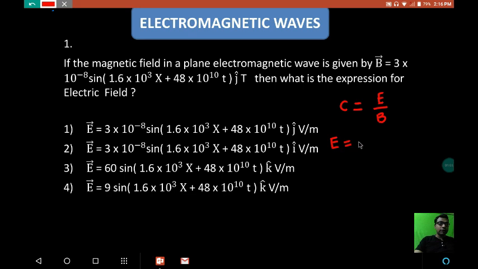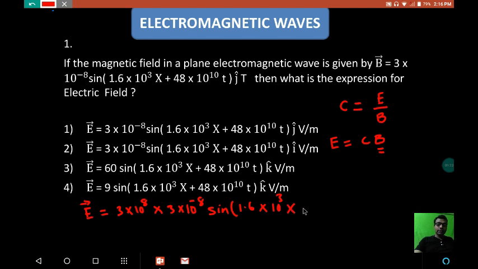Thus we have to find the electric field E equals C into B, and B is given in the problem, so we just write E vector is equal to C, which is 3 into 10 power 8 meter per second, that we all know, and B is given as 3 into 10 power minus 8 sine of 1.6 into 10 power 3 x plus 48 into 10 power 10 t in j cap.